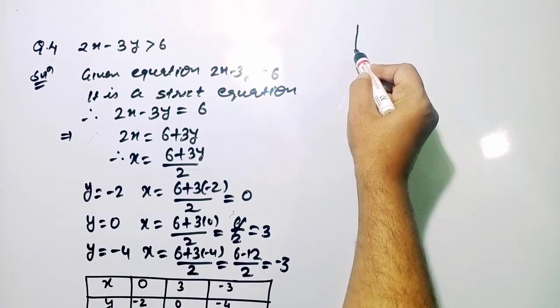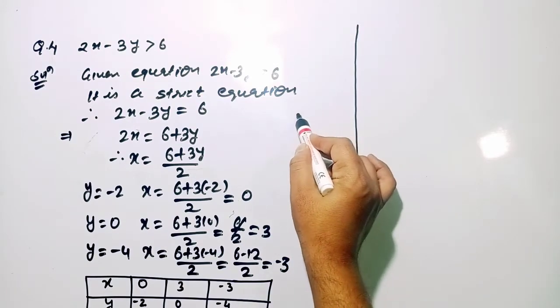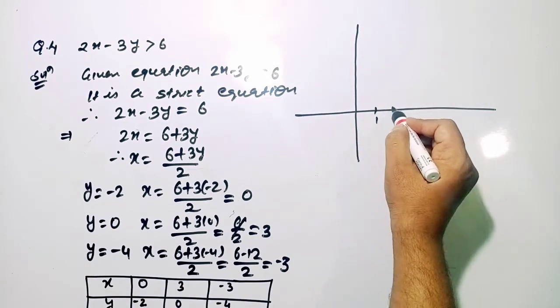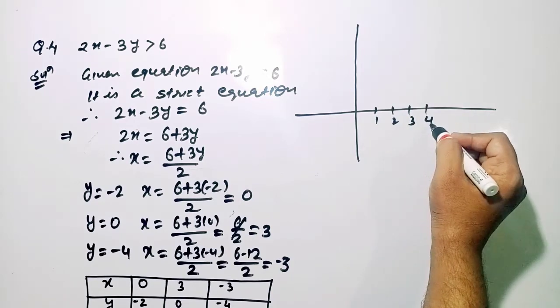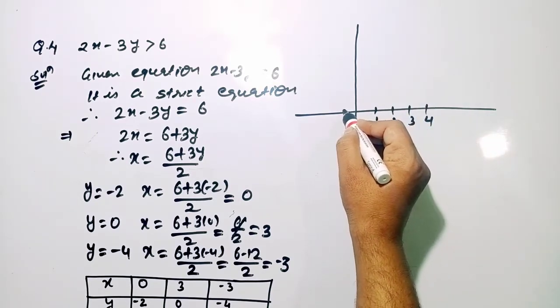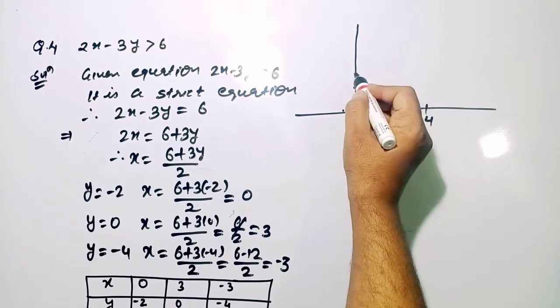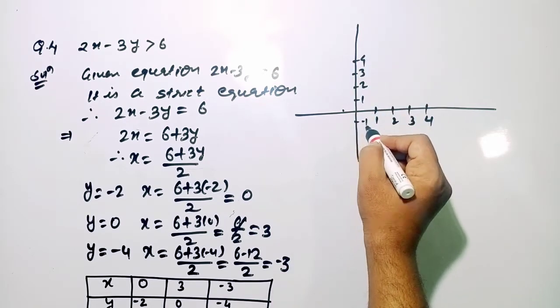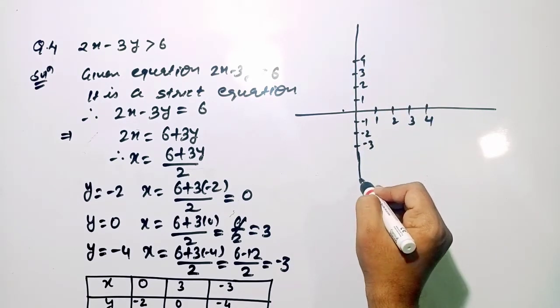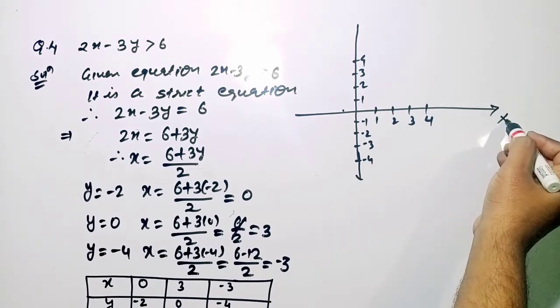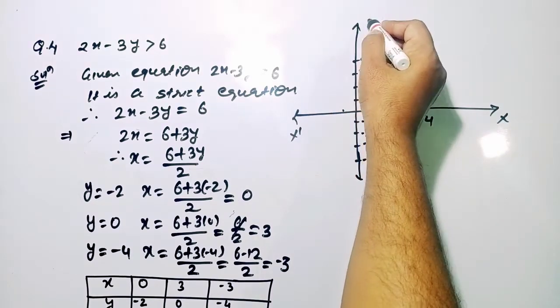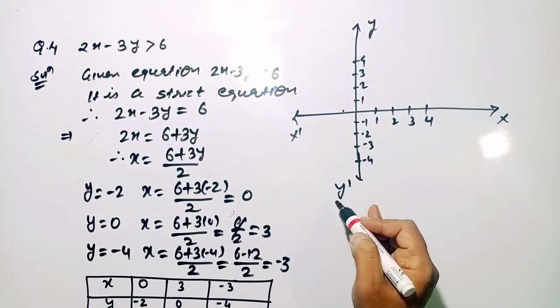So plotting the Cartesian plane over here, considering the x and y axis, and we will denote the numbers on the axis, right? So this is x axis, x dash, y axis, y dash, right?